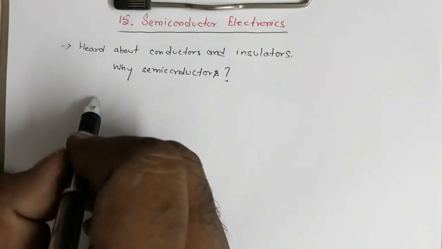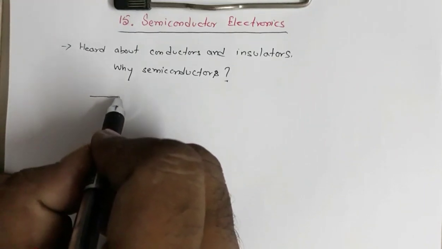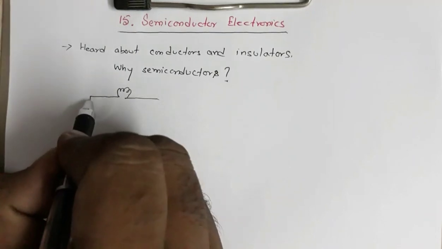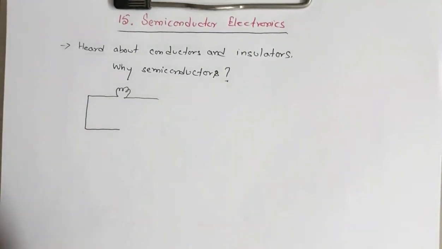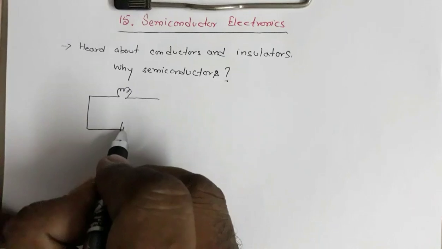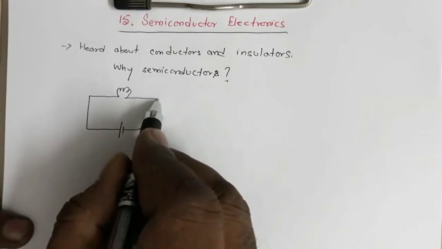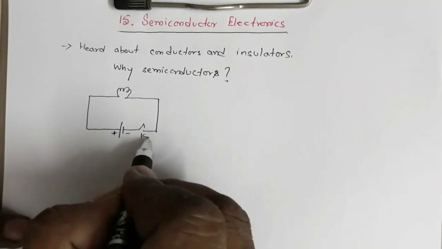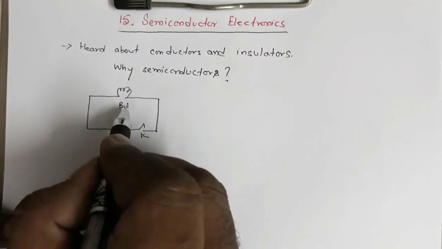See, suppose you have a circuit with a bulb, connected to a source of potential with a key. This is the positive terminal, this is the negative terminal, this is the key, this is the bulb.